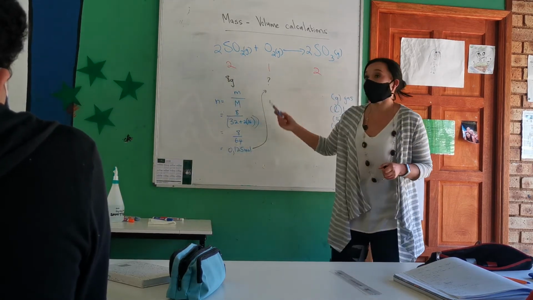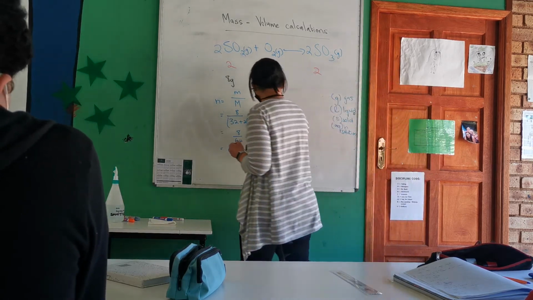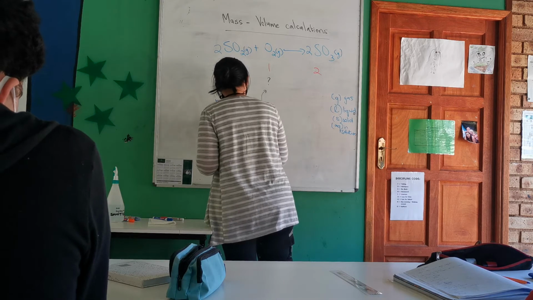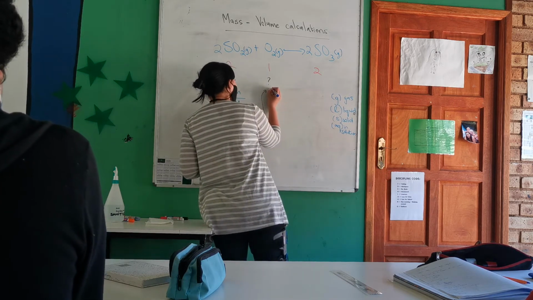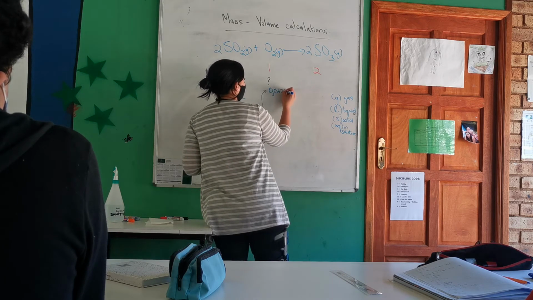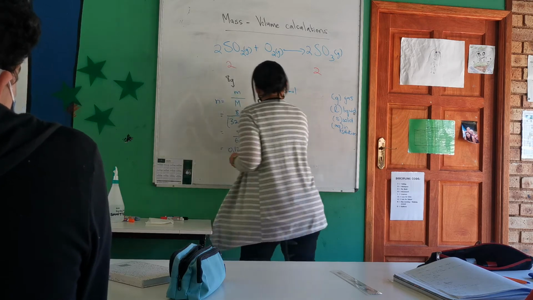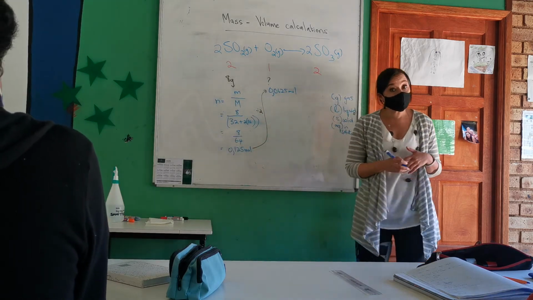The ratio is 2 to 1. What must I do? Divide by 2. Everybody on the same wavelength? If I divide this by 2, what do I get? 0,0625 moles.